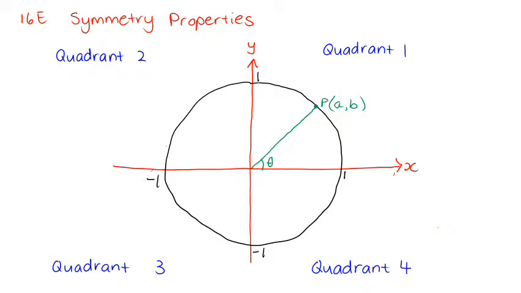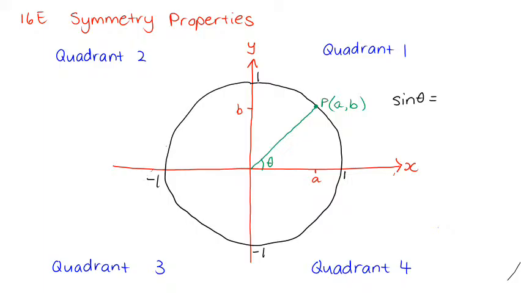So we know if A is the X value at this point, then A is going to be here and B is the Y value at that point. So that's going to be B there. Okay, so sine theta usually equals what?